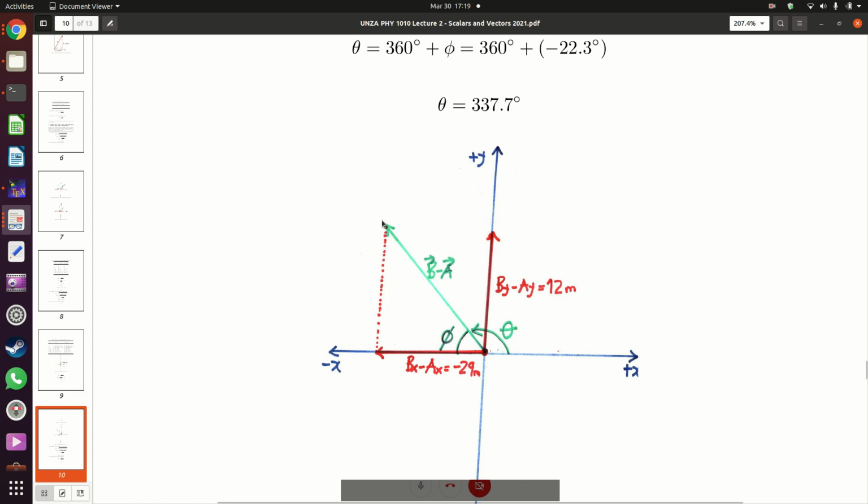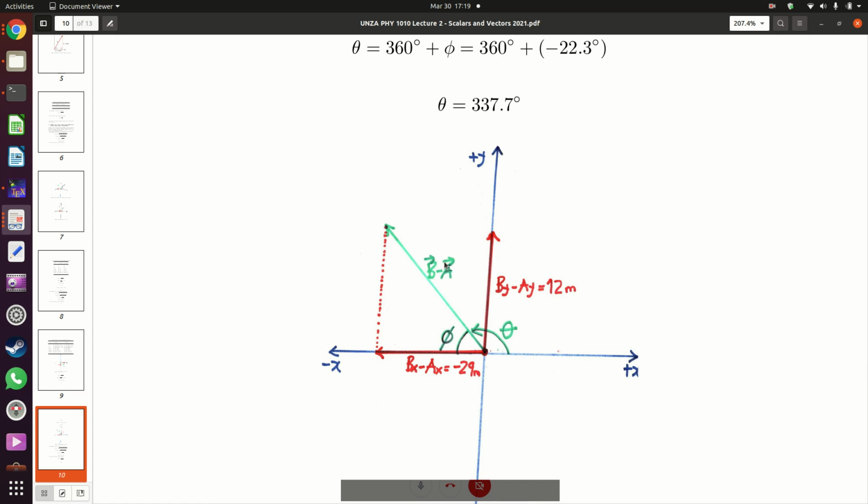We can also end up at that point by moving along this green line here. This green line is the resultant b minus a. And we have found that b minus a is actually 31.4 meters.